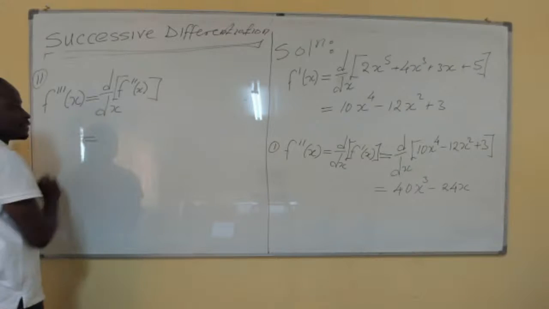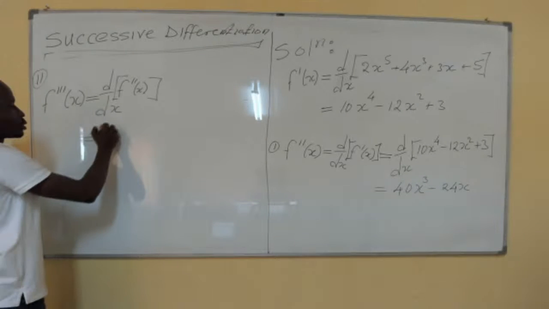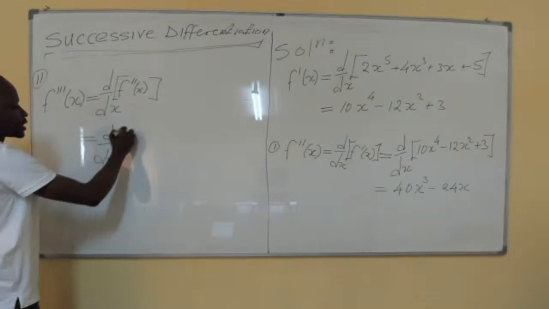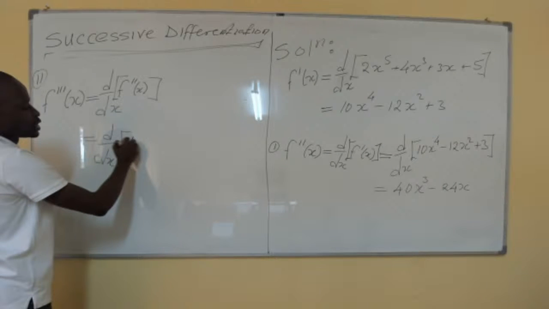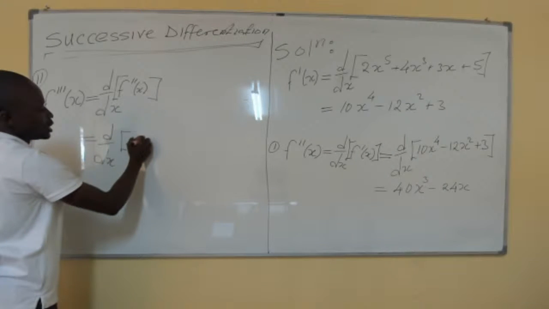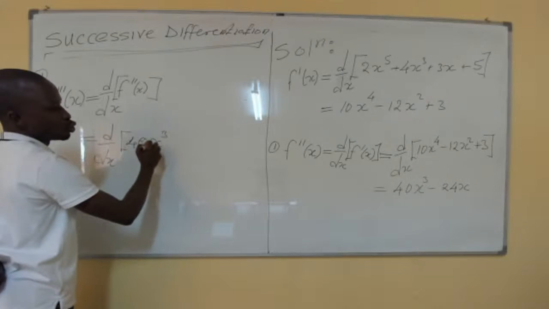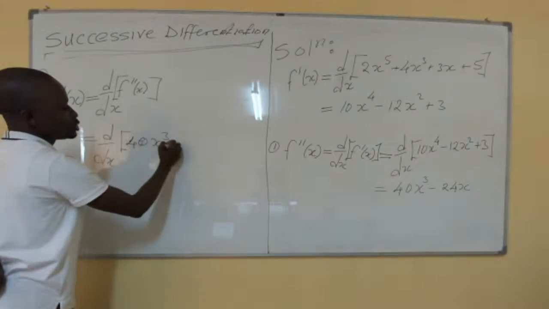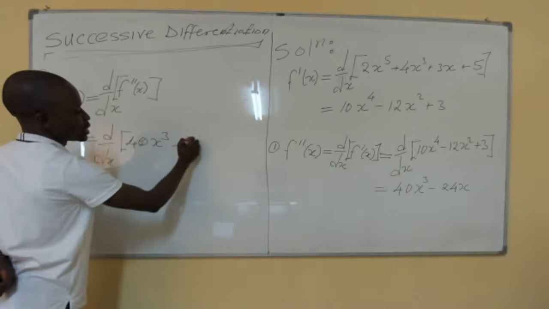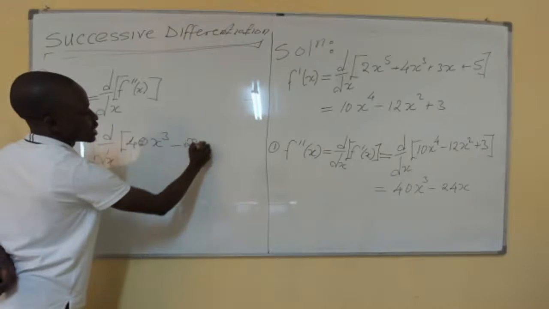The second derivative of f of x is 40x cubed minus 24x.